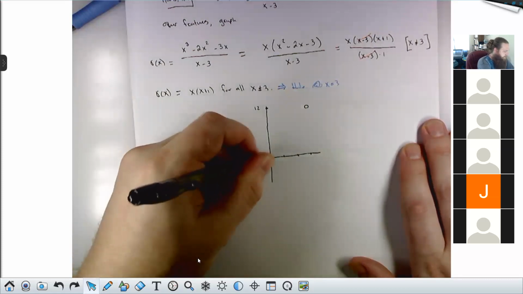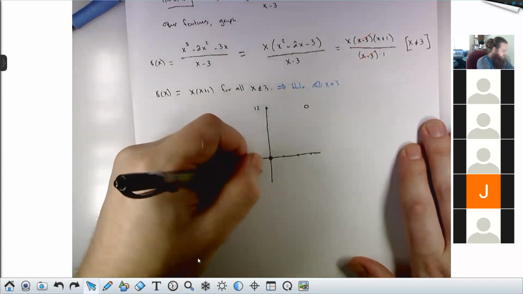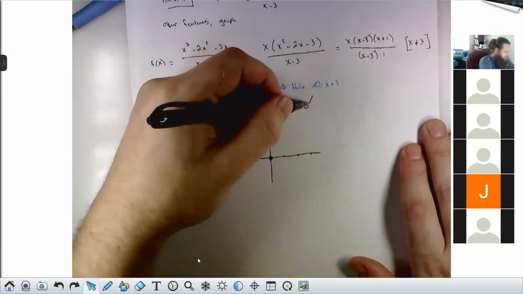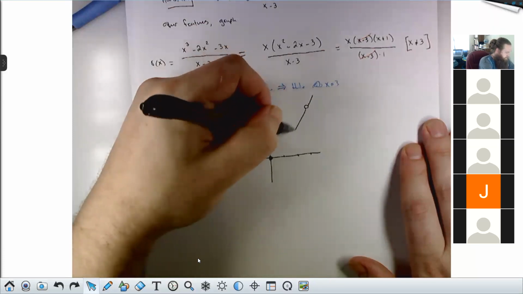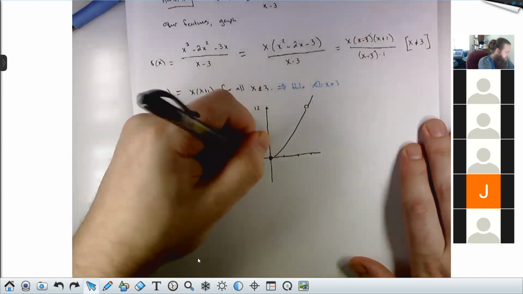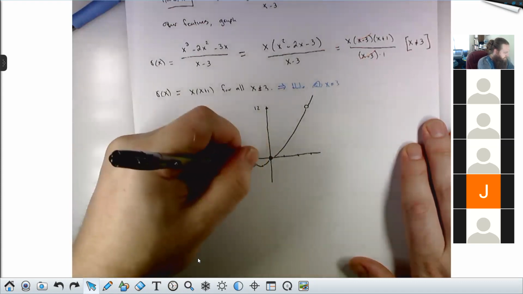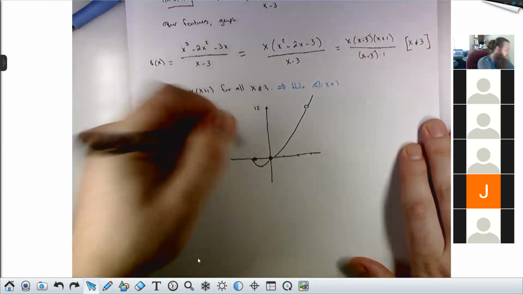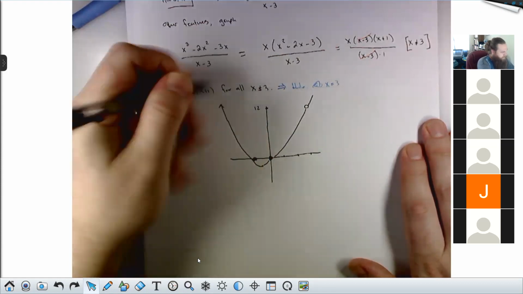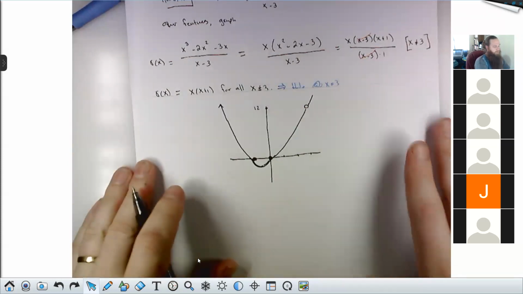I know my x-intercepts are here and here. It's not perfect, but it works. Here's our graph.